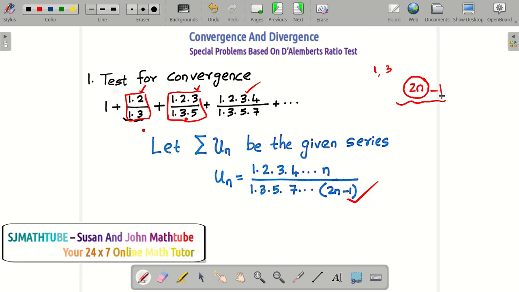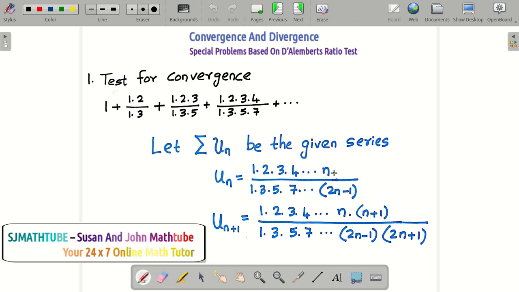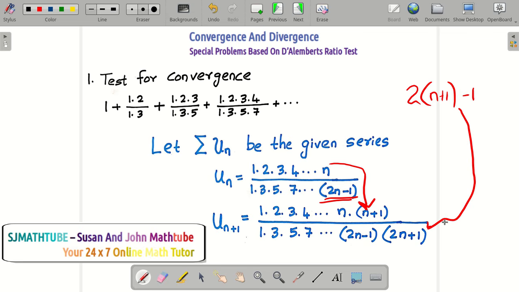Okay, now we want un plus 1. It's very easy to write un plus 1. You have to write all these things and then the next term. So replace n with n plus 1, you get the last one, and you replace n with n plus 1, but be a bit careful, and you get this.